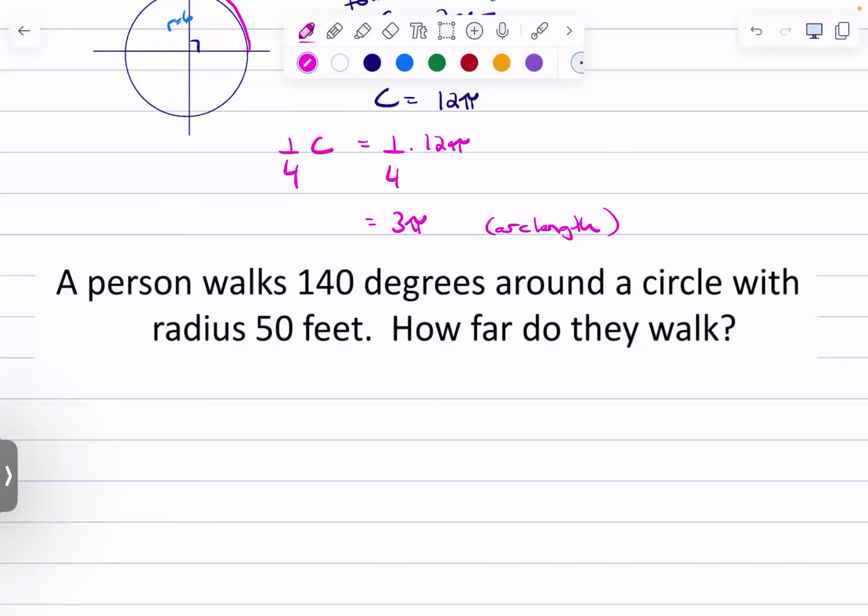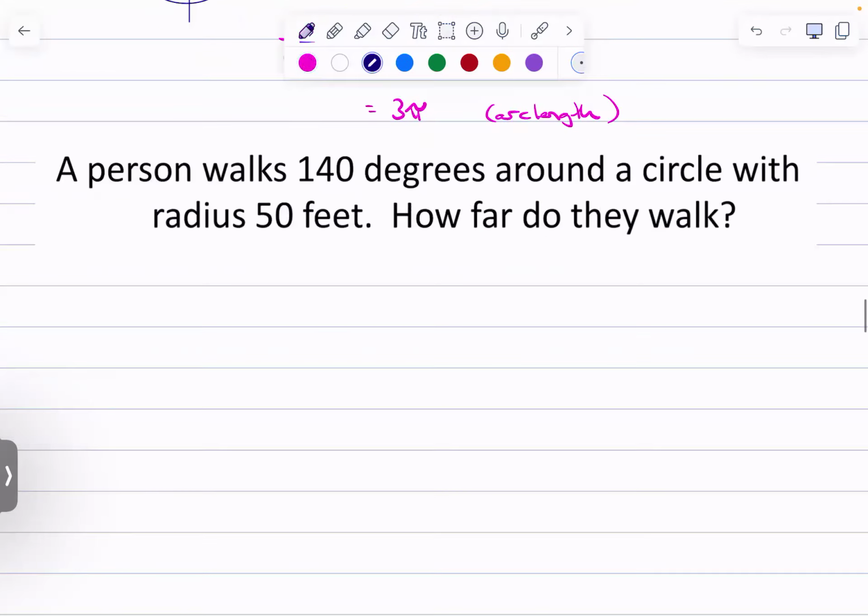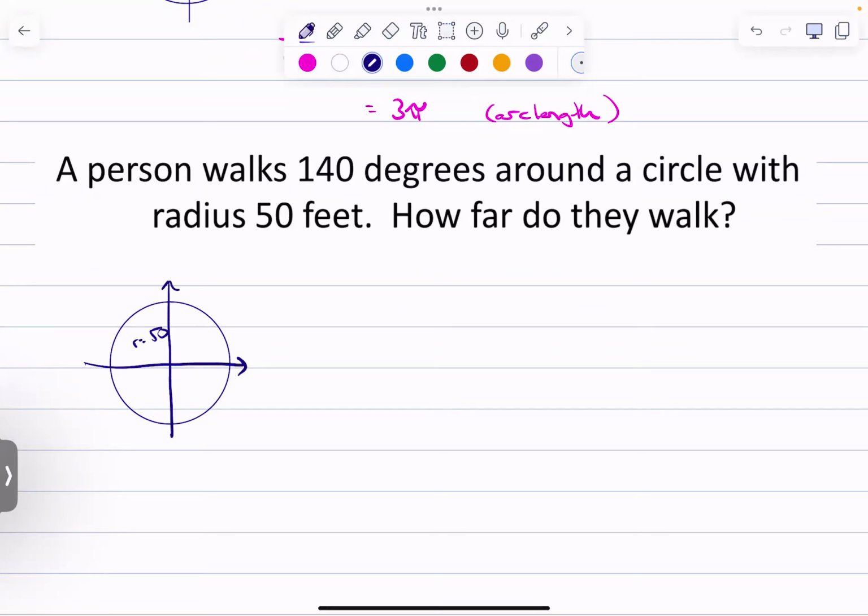A person walks 140 degrees around a circle with a radius of 50 feet. How far do they walk? Which would be the arc length of the circle, right? And so let's map it out. I'll make my grid first here. I'll put a circle on here, and I'm going to force the radius to be 50 feet. 140 degrees, knowing what we know about the circle, total 360.